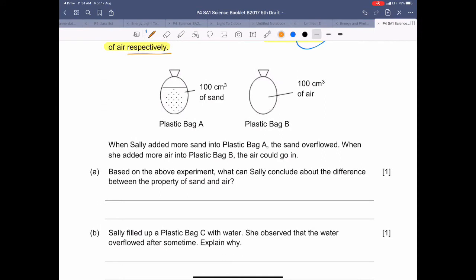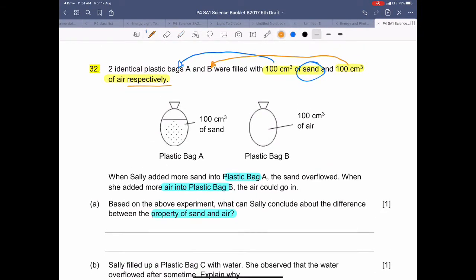So when Sally added more sand into plastic bag A, the sand overflowed. When she added more air into plastic bag B, the air could go in. Based on the above experiment, what can Sally conclude about the difference between property of air and sand? In this case, you need to identify the topic again.